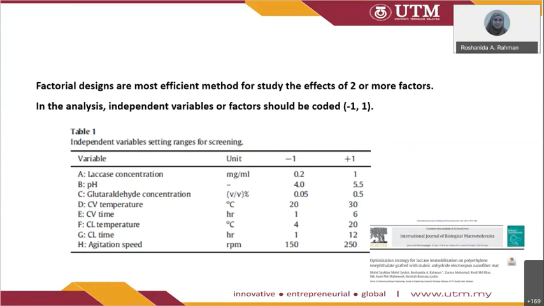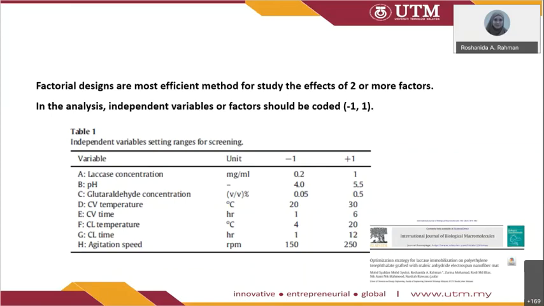I hope you are already familiar with OFAT, the one factor at a time method. And also the 2-level factorial design. These are the 2 most familiar methods that you can use for your screening process.